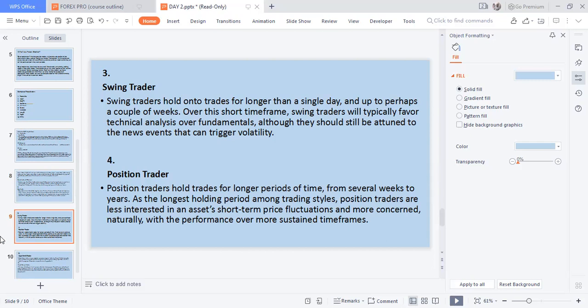And you know the disadvantage of having a couple of trades: swap fee will surely be involved. Because what's the swap fee? Swap fee is the charge the brokers charge you when your trade rolls over to the next day. So let's proceed.